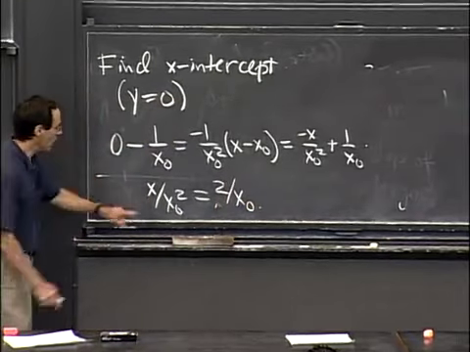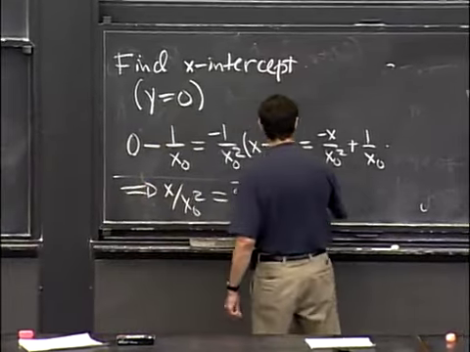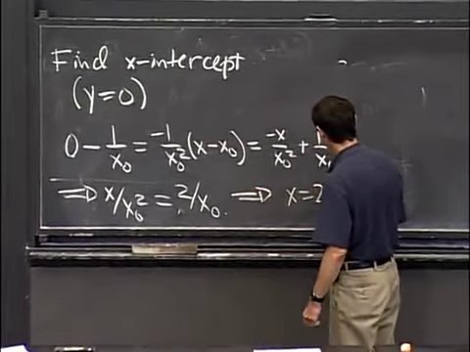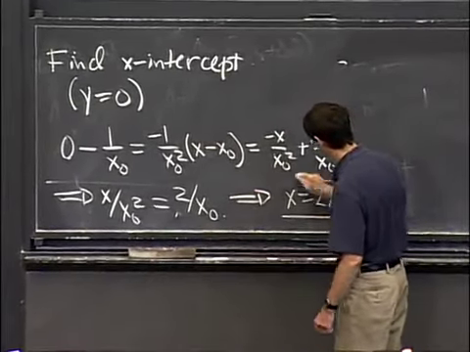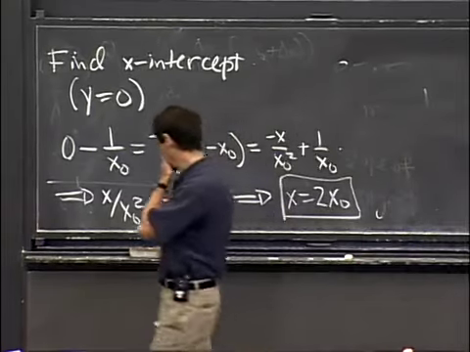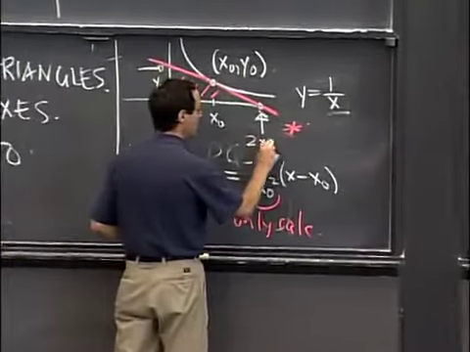And if I then multiply through by x0 squared, I get x is equal to 2x0. Okay, so I claim that this point we've just calculated is 2x0.